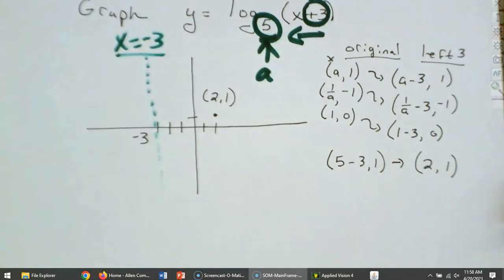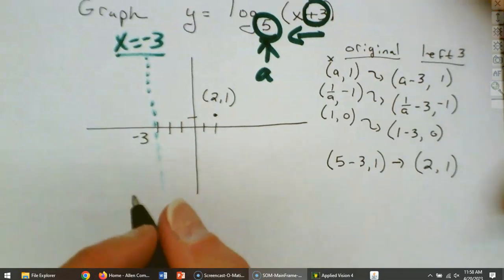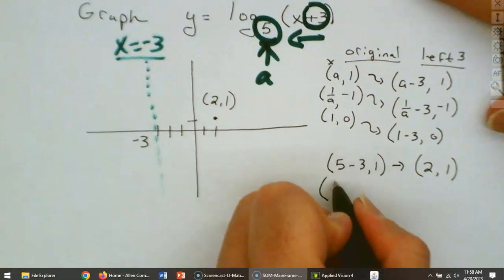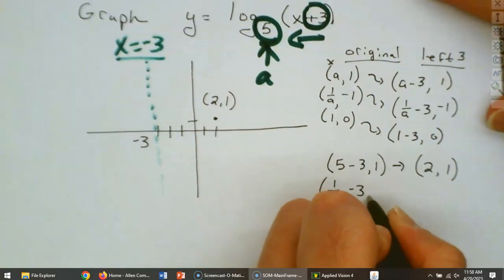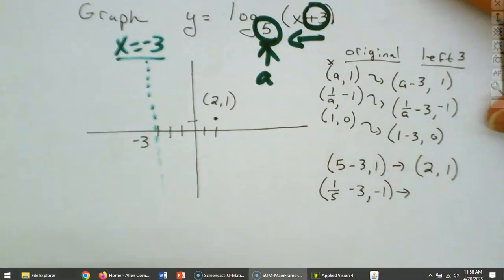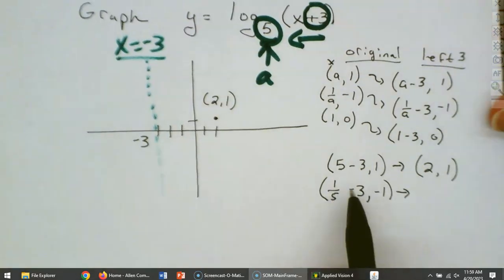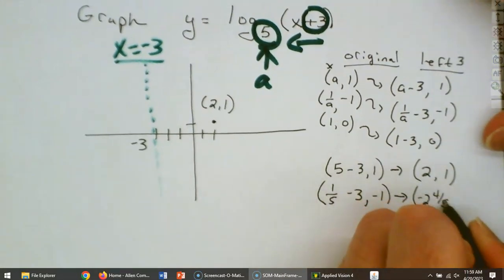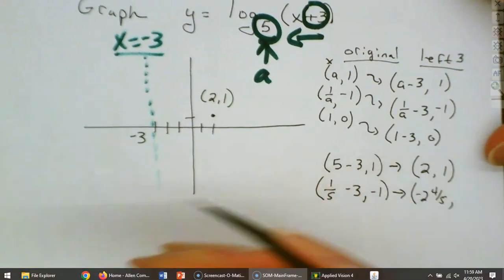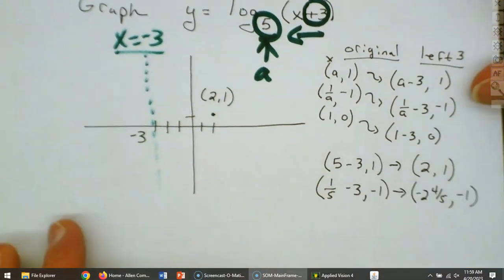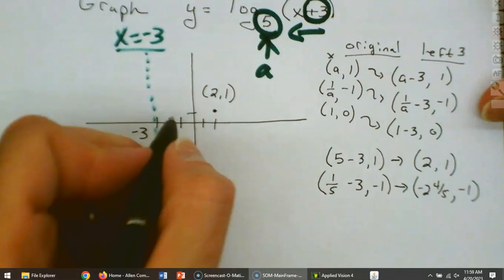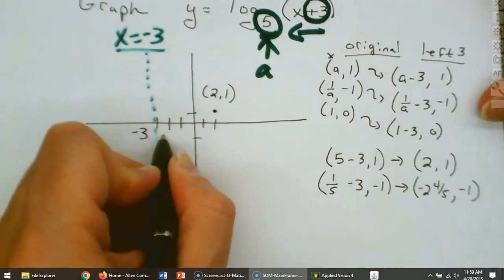There's that point. What about the next one? Well, the next one is 1 over a minus 3. So that's 1 over 5 minus 3, comma minus 1. We can write that as a fraction or decimal, either way. 1/5 minus 3 would be minus 2 and 4/5, comma minus 1. So that's going to be at about minus 3, pretty close, right about there. And we're going to go down 1. So there's that.